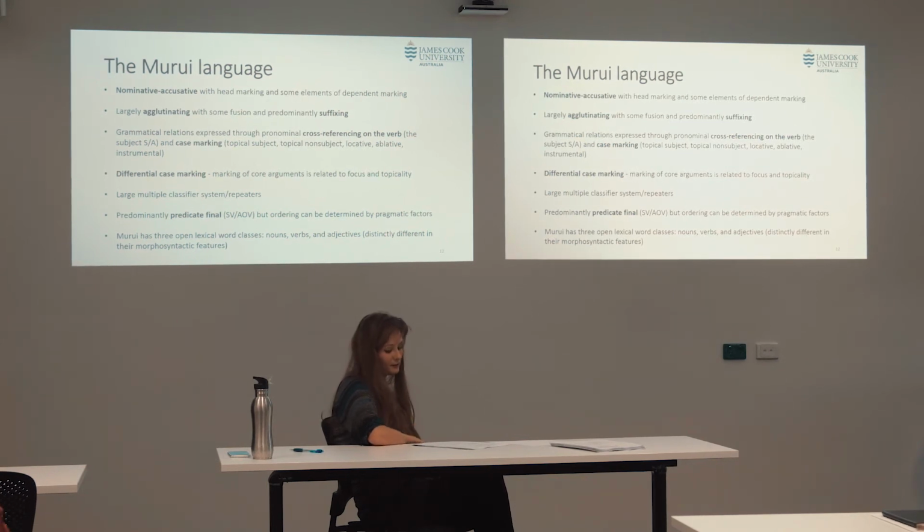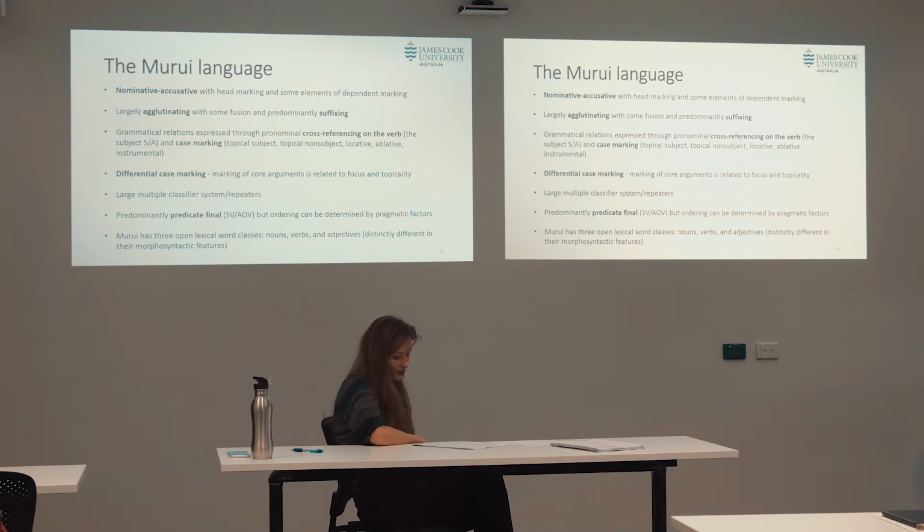And we have 5 different case markings in Murui. Out of those 5 case markings, the topical subject SA, topical non-subject SA, and the locative case markers are conditioned by differential case marking. In that differential case marking, those 3 core arguments are related mainly to focus and topicality.